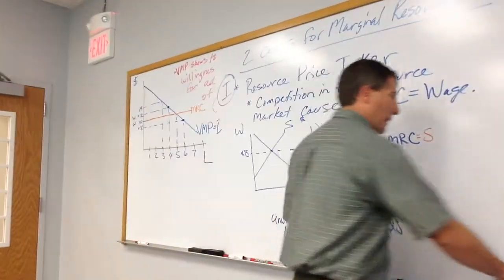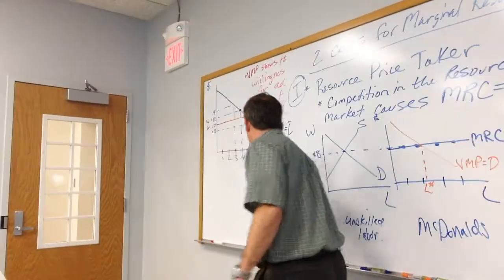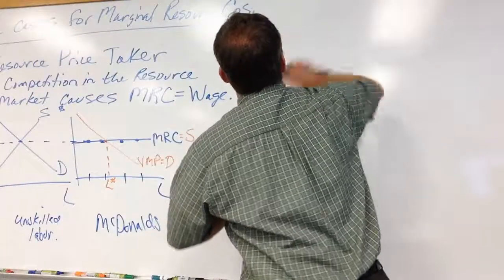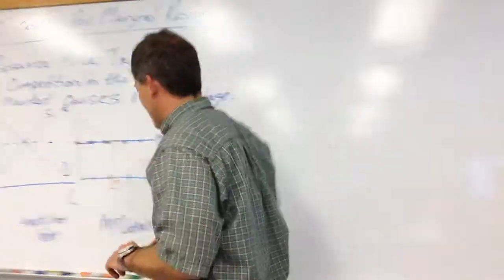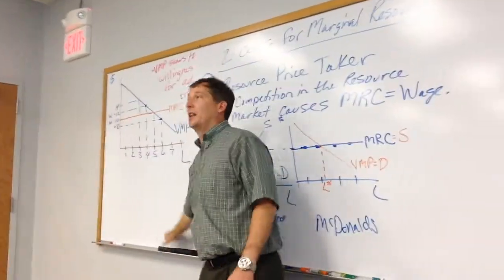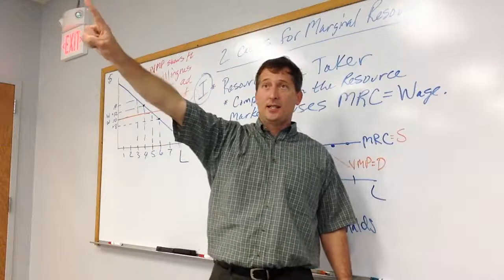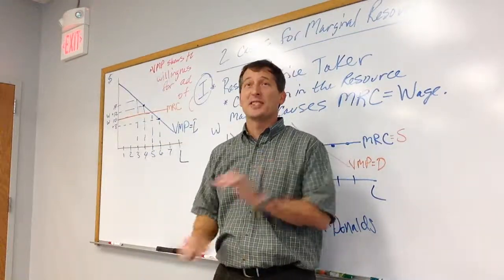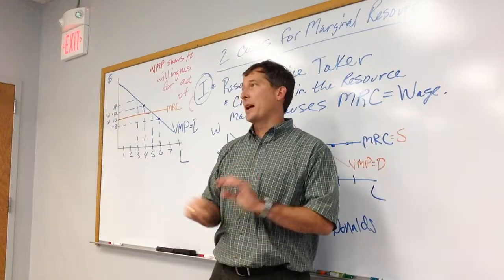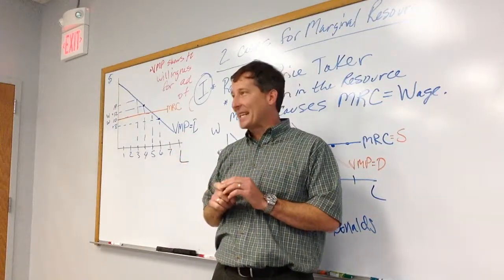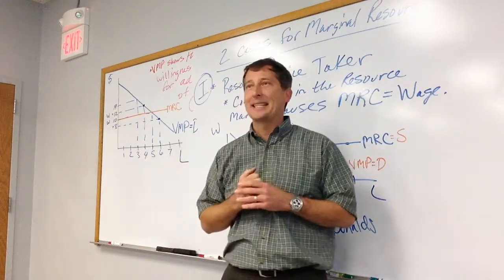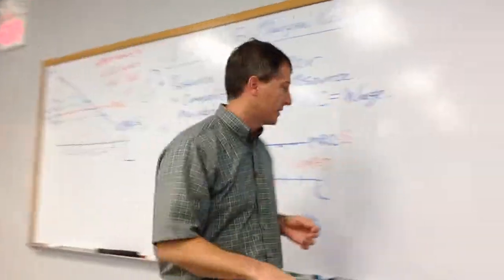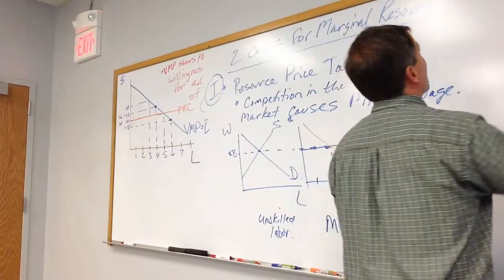Resource price maker. So a monopoly was a situation where there was a single what? Single firm, a single seller. We're going to look at a monopsony, another new word. A monopsony is a single buyer of resources.